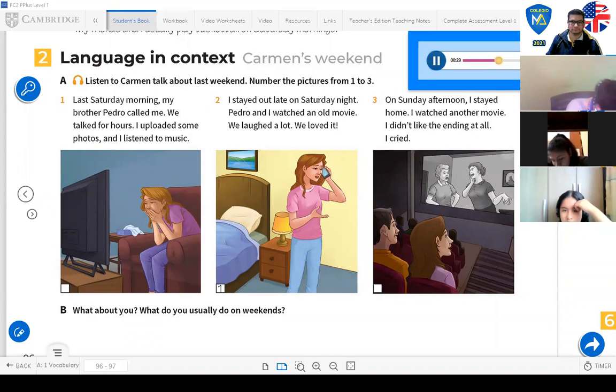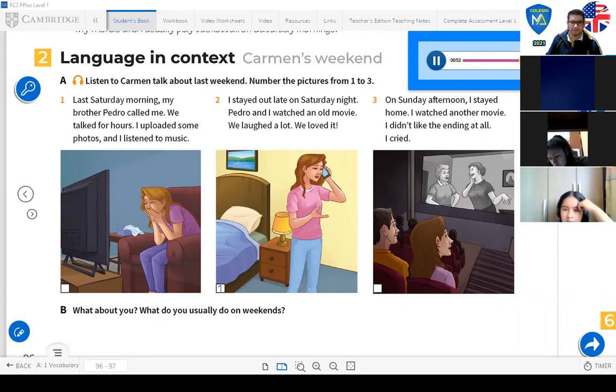Pedro and I watched an old movie. We laughed a lot. We loved it. 3. On Sunday afternoon, I stayed home. I watched another movie. I didn't like the ending at all. I cried.